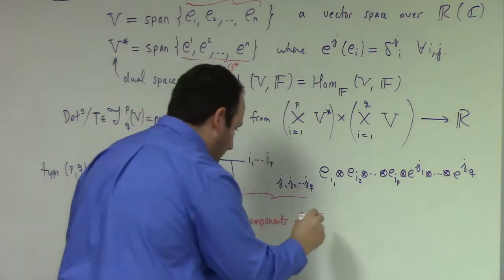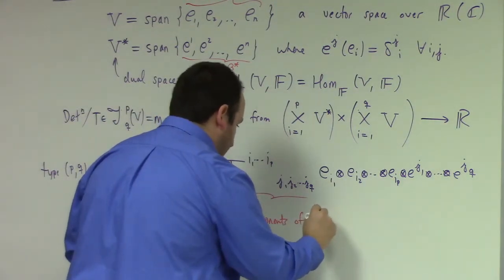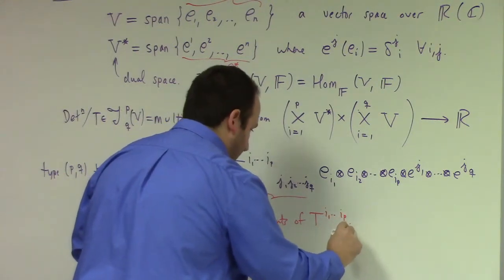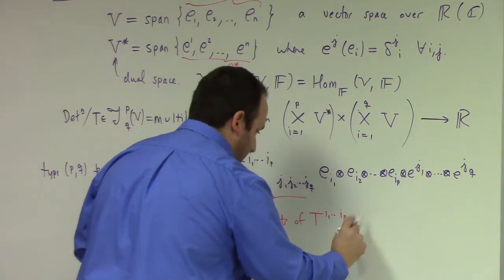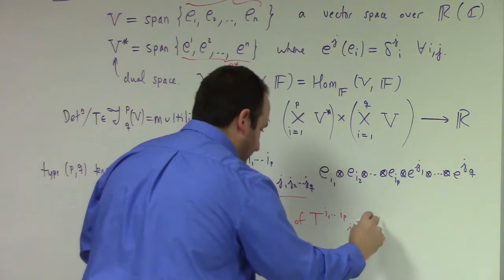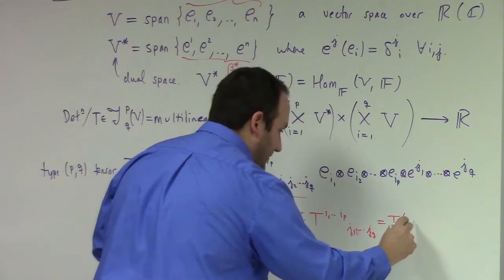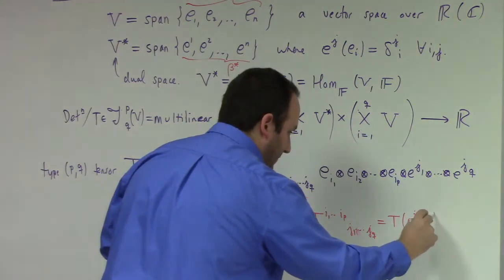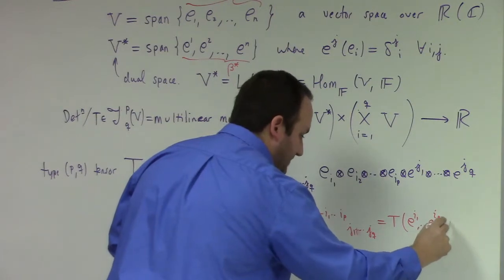And by the way, I'm going to flesh this out in examples, but this truth is ubiquitous. It's everywhere. You get these simply from taking T and evaluating on the appropriate basis and dual basis vectors.